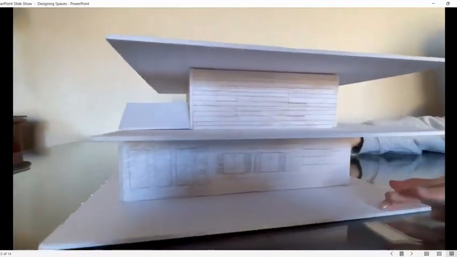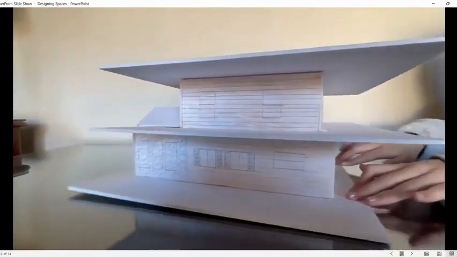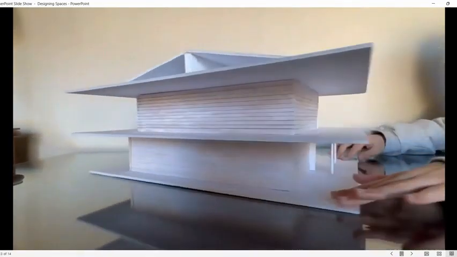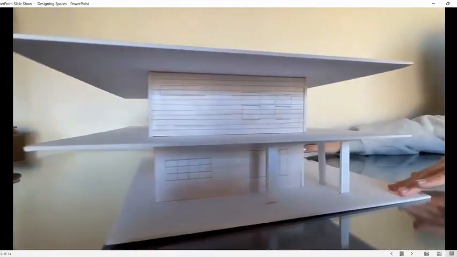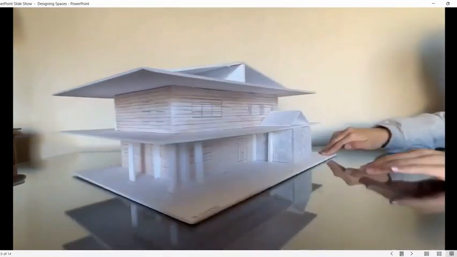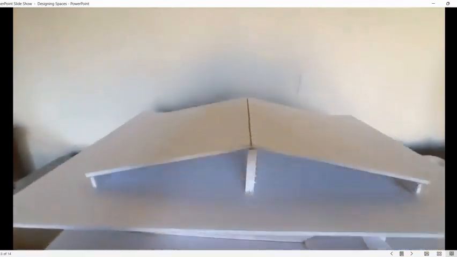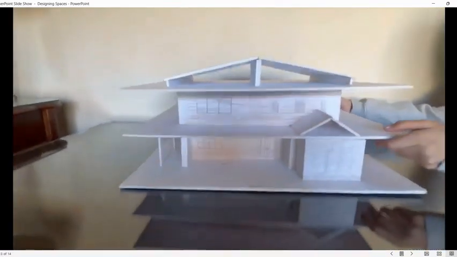There was the front, the right side. Here is the back and the left side. That's the roof.